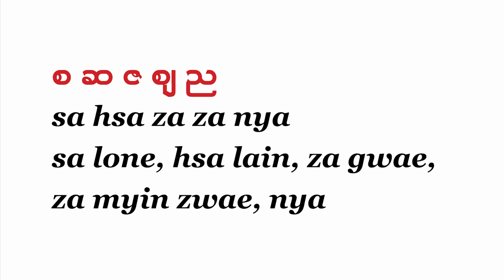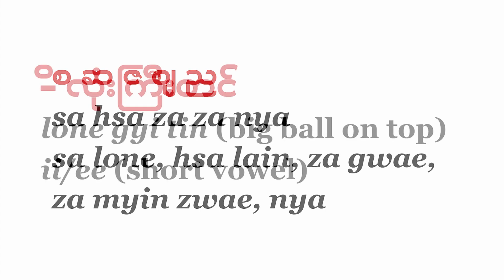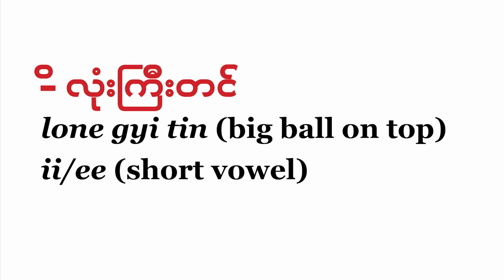Now let's move on to the diacritic family for the day, the E diacritic family. This big ball on top is called longjitin. In fact, the name quite literally means to put a big ball on top, longjitin. If you add that to a consonant, you get the short I vowel sound.